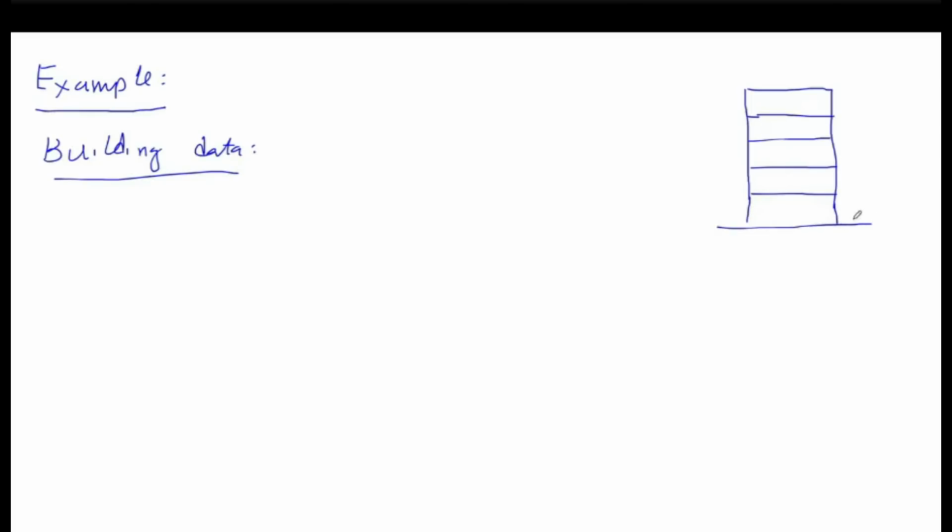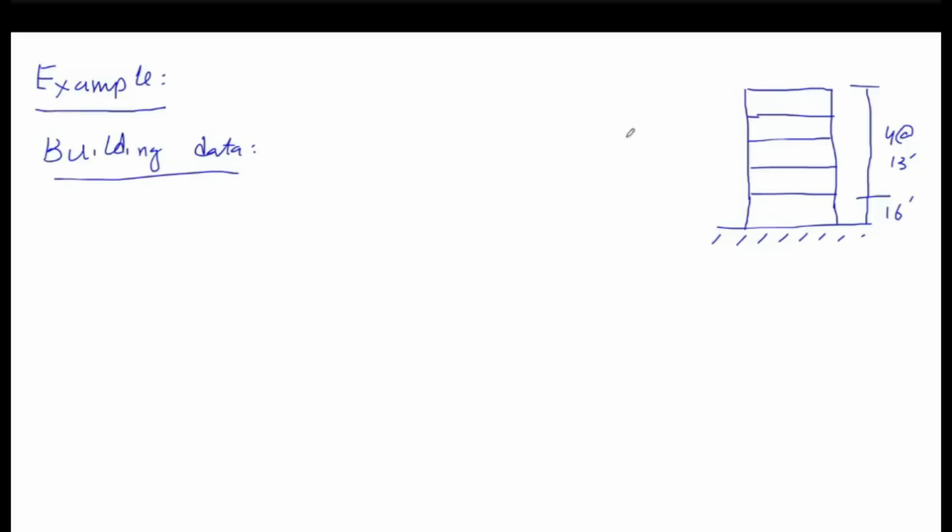This is the elevation of the structure. These four stories have a height of 13 feet, and the ground story has a height of 16 feet.